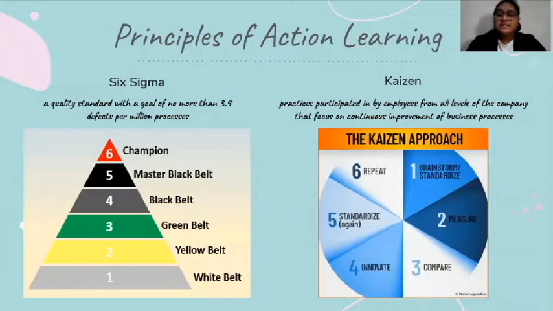First, white belt certification demonstrates an introductory level of knowledge of the fundamental concepts of Six Sigma. Second, yellow belt certification indicates that you have learned the specifics of how Six Sigma works, how its disciplines are applied to the workplace, and where best to concentrate your time as you learn the process.